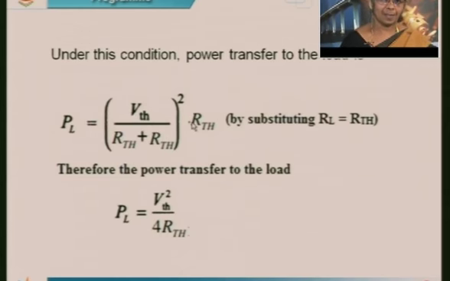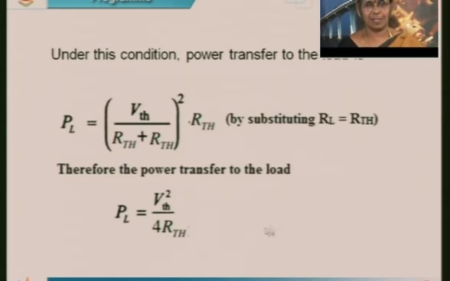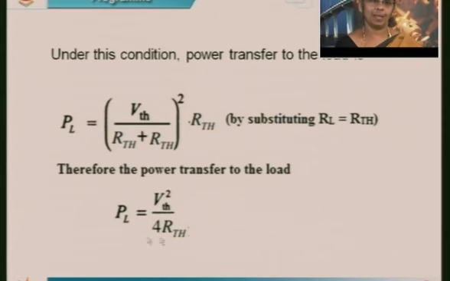So R Thevenin in the numerator and R Thevenin in the denominator get cancelled, so that the expression finally you are going to get for the maximum power which is being dissipated in the load resistance is PL, which is equal to V Thevenin square divided by 4 into R Thevenin.